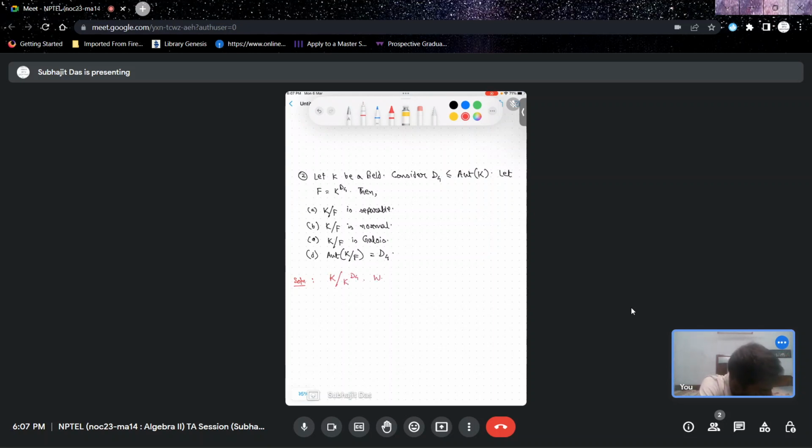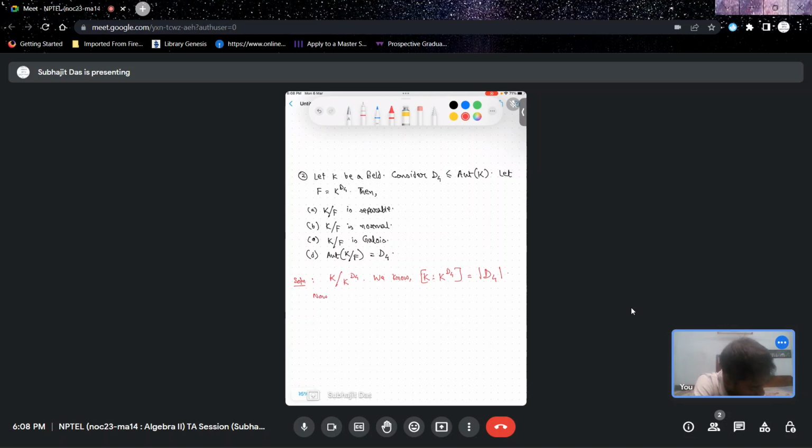Now we know that K over K power D4, the degree of this extension, is exactly equal to the cardinality of the group D4, right? This is what we know, which implies this is exactly equal to the cardinality of D4.